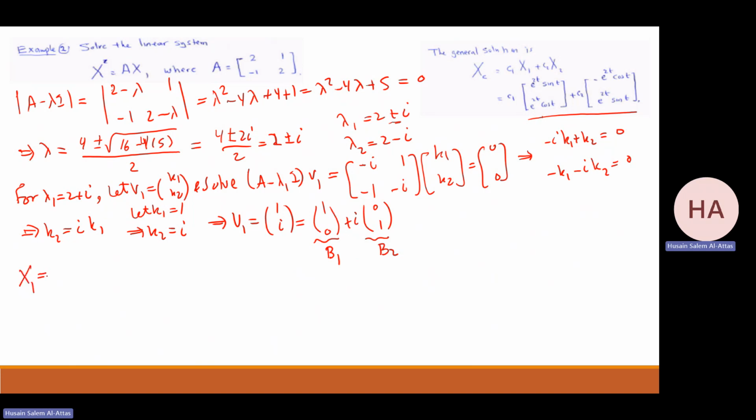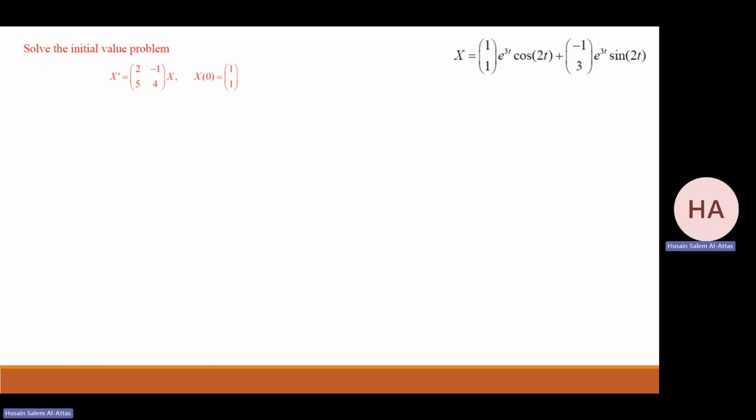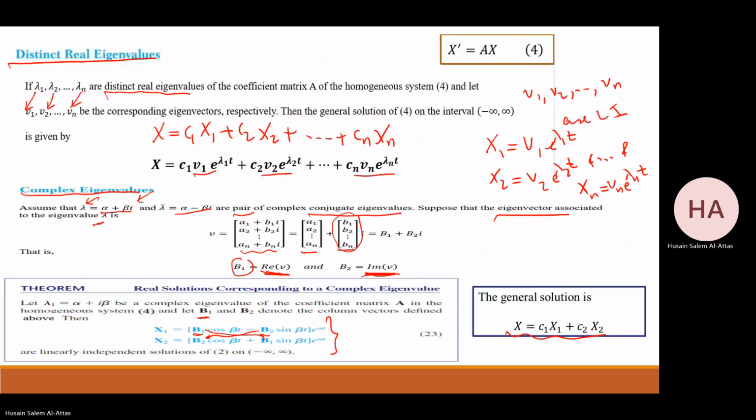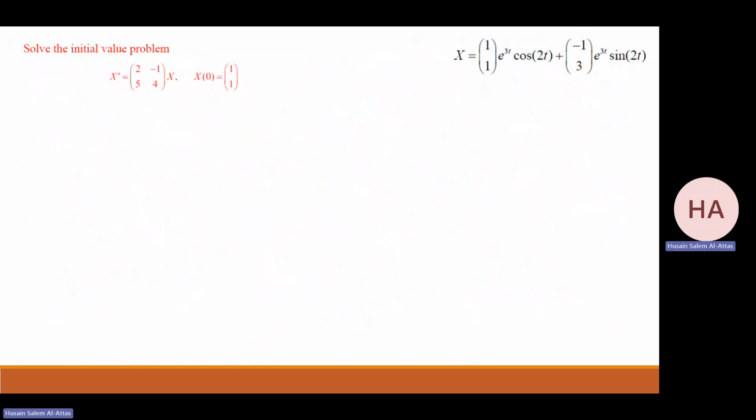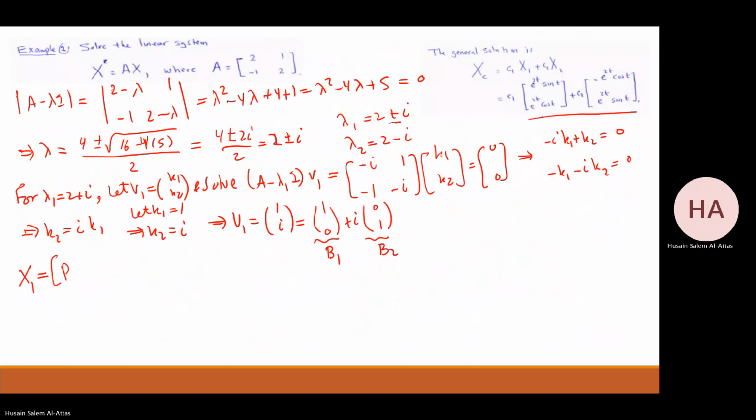So my first solution is what? Let me write the formula: b1 cosine beta t minus b2 sine beta t, times e to the power alpha t. By the way, don't forget my lambda should be alpha plus i beta.